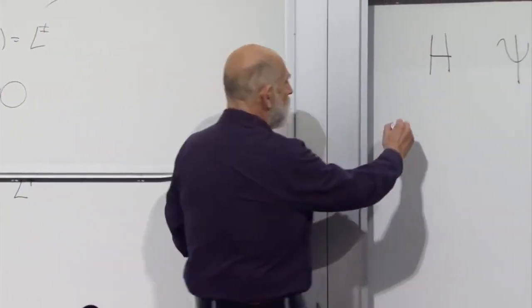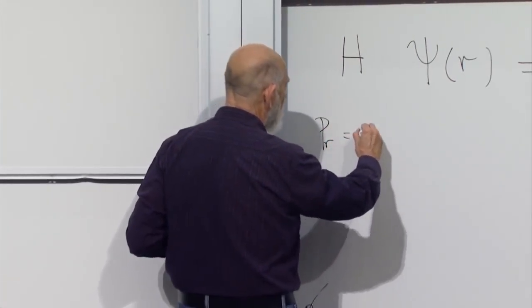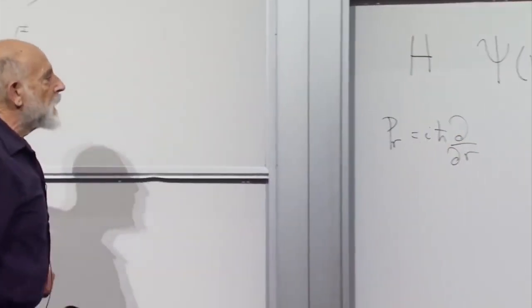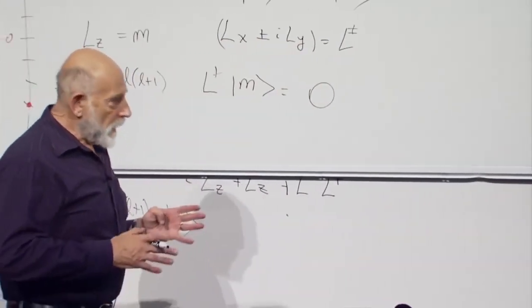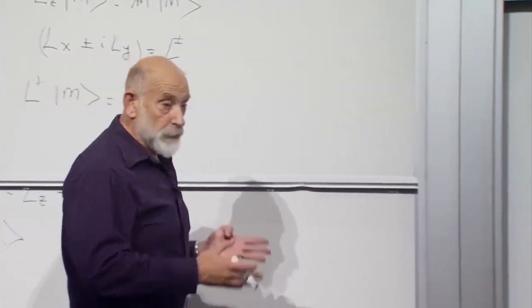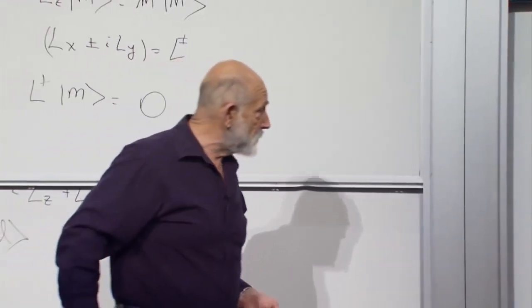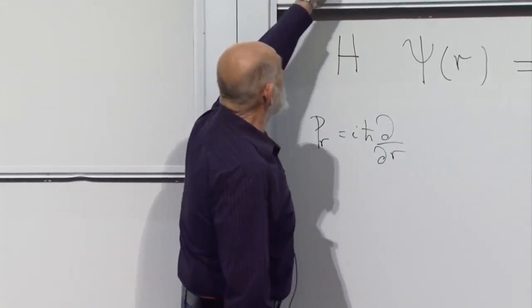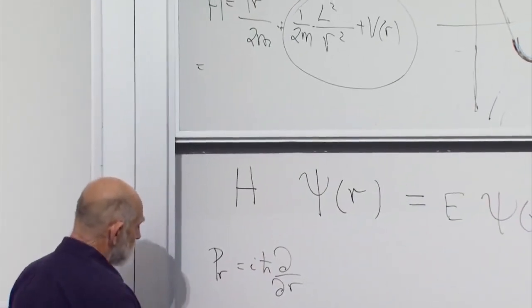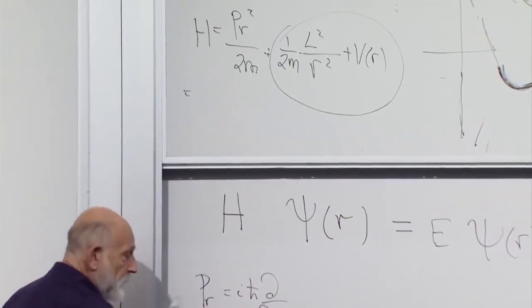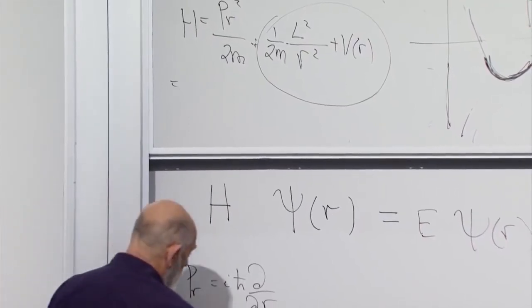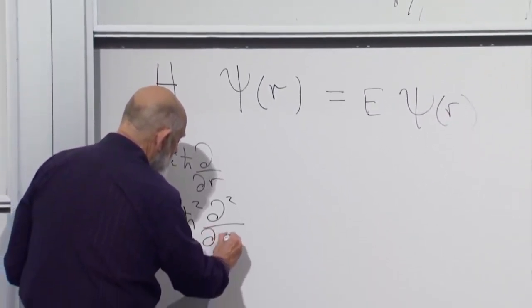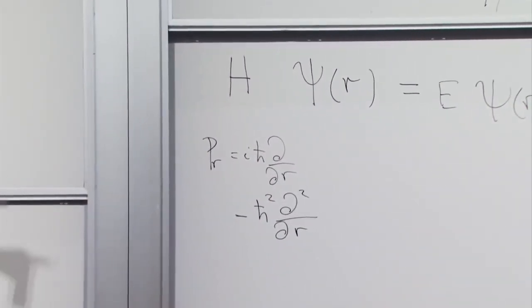What is p_r? p_r is, of course, minus i h bar d by dr. As always in quantum mechanics, a component of the momentum is i h bar times the derivative with respect to the corresponding coordinate. So p_r squared is going to equal minus, because of two factors of i, h bar squared, I'm putting in the h bars now, second derivative with respect to r. That's the first term in the Hamiltonian.